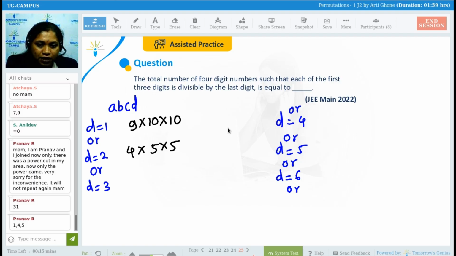Clear? Now, next one, 0 is divisible by 3. Count. One. Yes, no? 0 is divisible by 3.